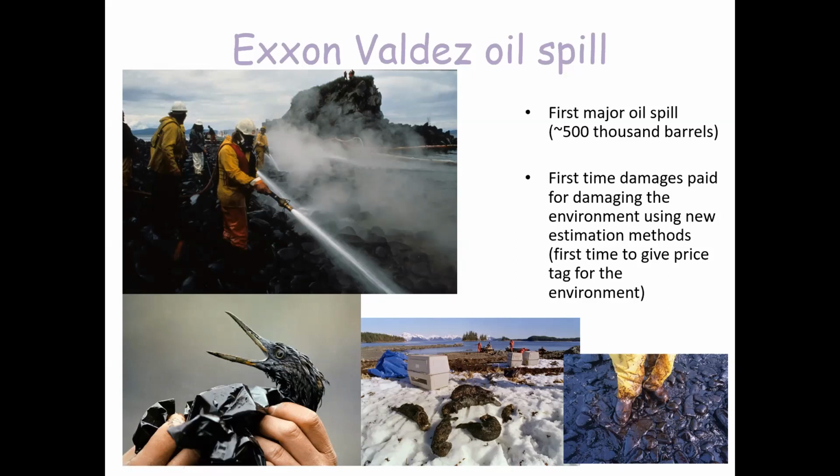And the cleanup for these things is dramatic. The important thing about the Exxon Valdez is not only that it was the first one to be so big and get such big coverage on TV, it's also the first time that the company had to pay damages for the cleanup and for the local people.